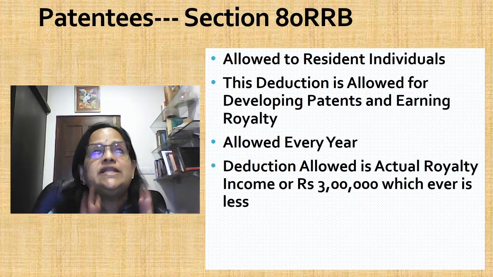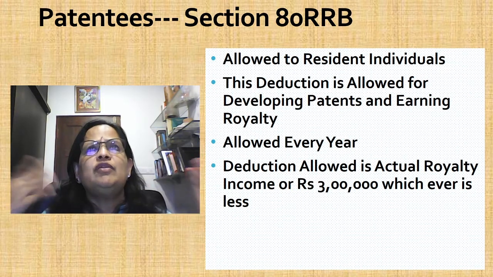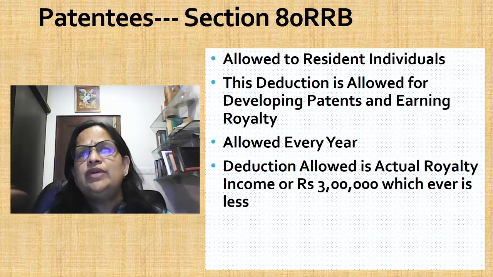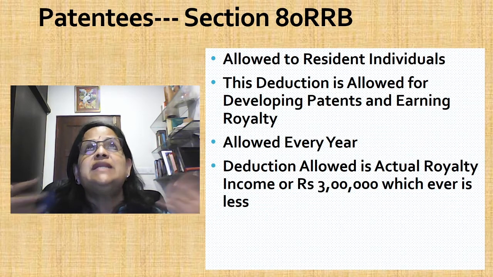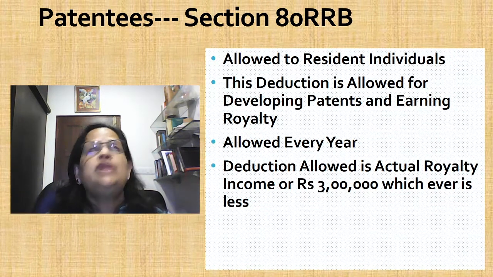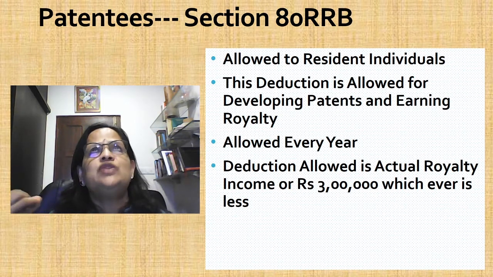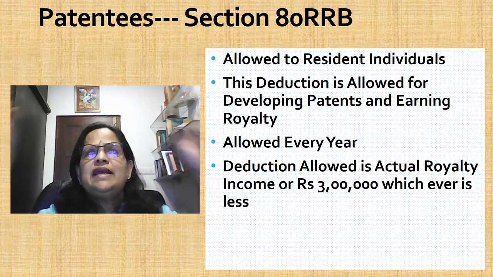Next is patents. In the case of patents, it is section 80RRB. You know that now most of the youngsters are coming out with startup proposals. Engineering college students are coming out with patent rights. They are getting patents registered in their name for new inventions. I have seen some engineering students in Kerala who developed something like an ATM machine.